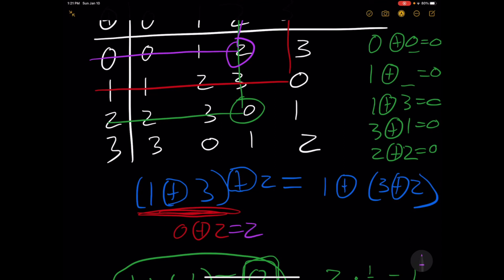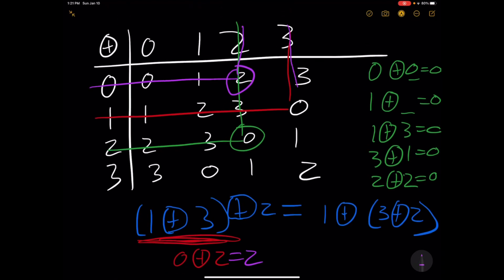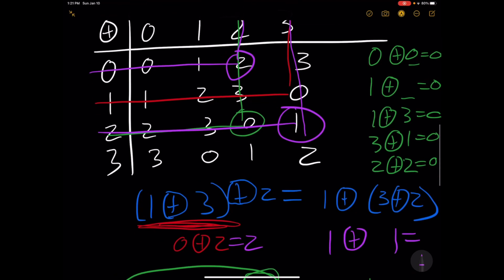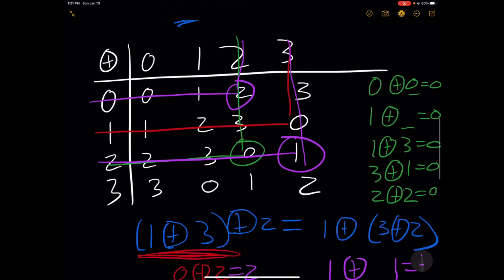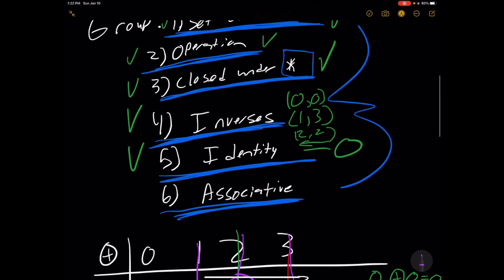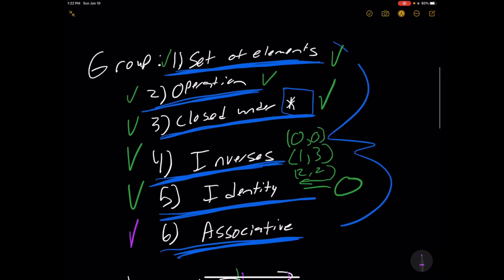And on the right, we have 3 plus sign 2. Let's find that. 3 plus sign 2 is right here. So that's 1, and 1 plus sign 1 equals 2. So we get that this equality is true. We have the associative property here, and thus we have a group.